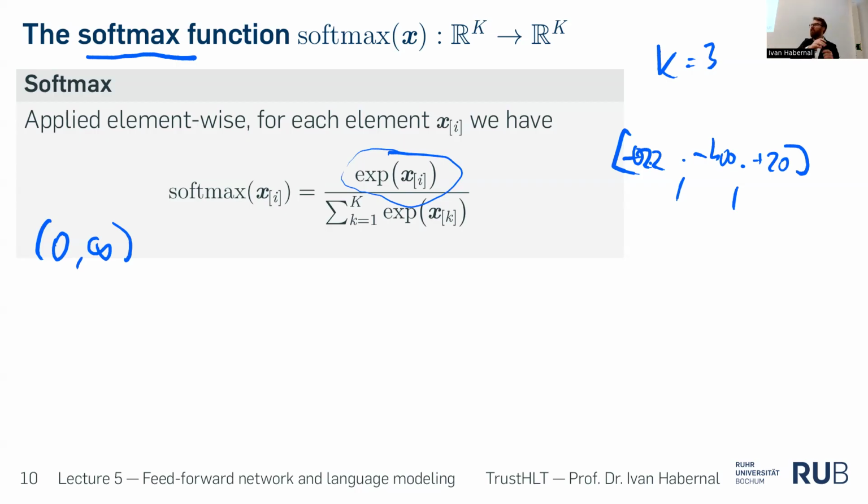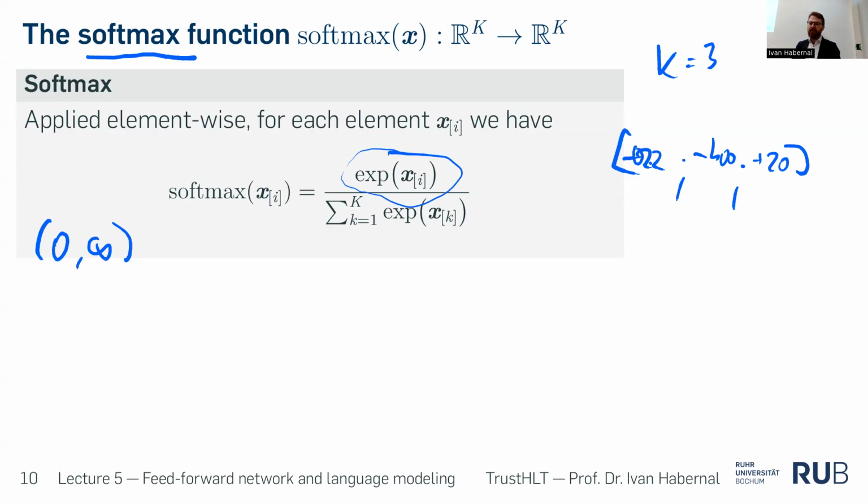It will just turn everything into the range 0 to infinity, but it will be monotonic. Why is it important? Well, if we have a small number here and a much smaller number here, we want to keep the relation between these two. So this should still be smaller than this one.